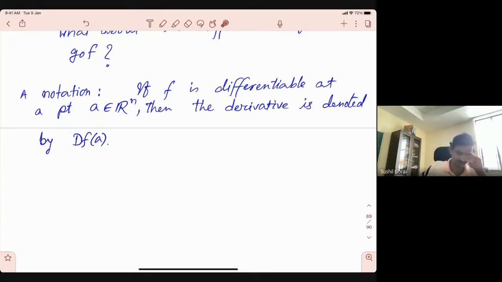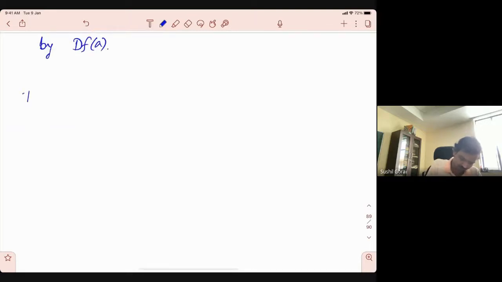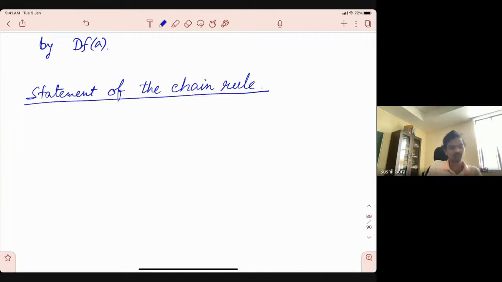Okay. So let me write the precise statement of the chain rule. Of course we need differentiability of f and g.